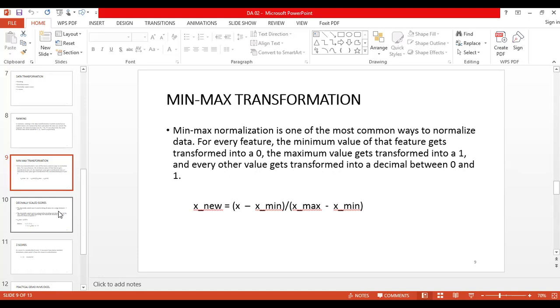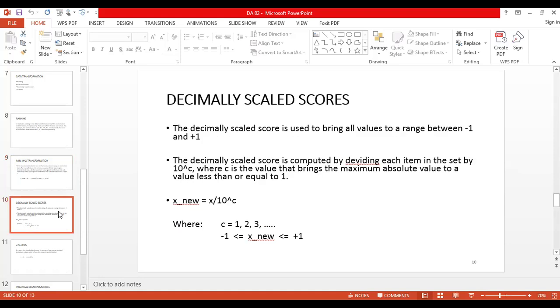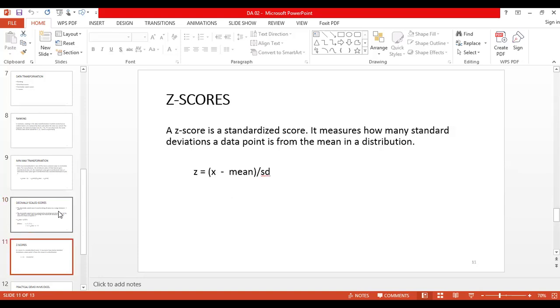The smallest number becomes 0, the highest number becomes 1, and all the other numbers will be in between 0 and 1. Then you have the decimal scaled scores, which reduce the values to a range within -1 to +1. You see that these are very small ranges.